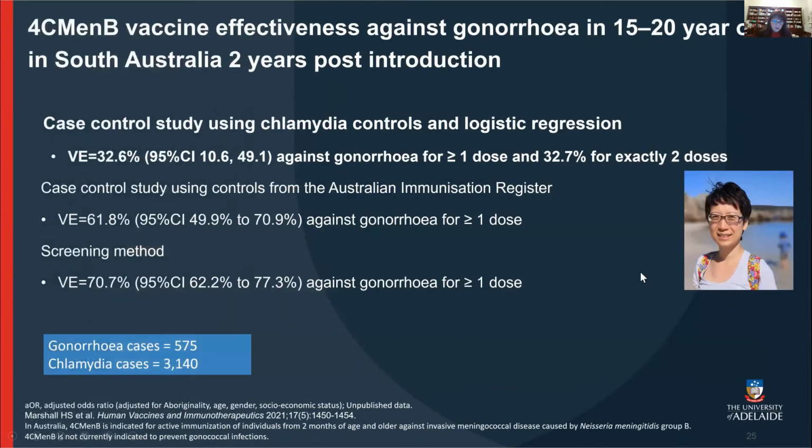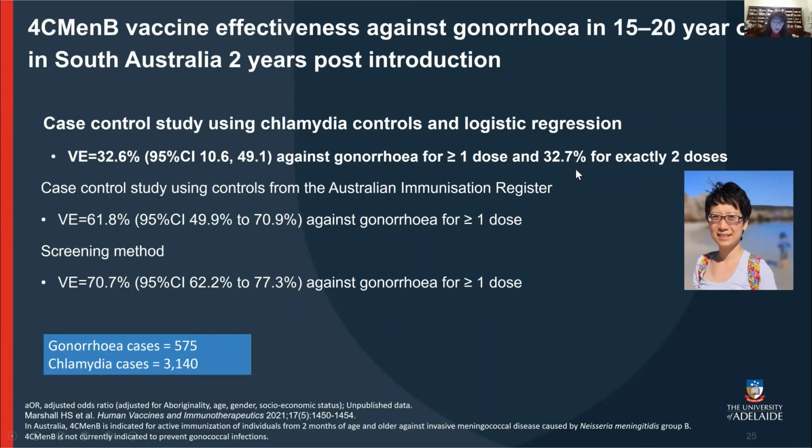So we then did a case control analysis to look at vaccine effectiveness, and just to acknowledge Dr. Bing Wang, who's one of my postdocs who did the analysis. Again, we followed the New Zealand methodology quite closely, using chlamydia as controls and undertaking a logistic regression. Our vaccine effectiveness was 32.6% against gonorrhea for greater than or equal to 1 dose, and pretty much the same for exactly 2 doses.